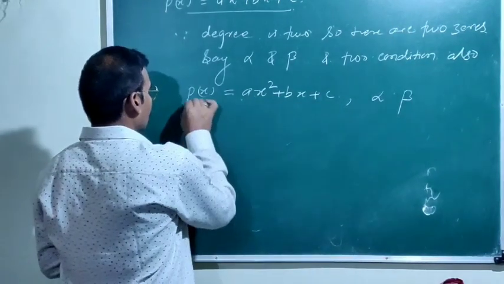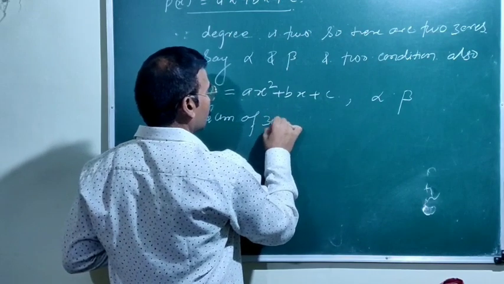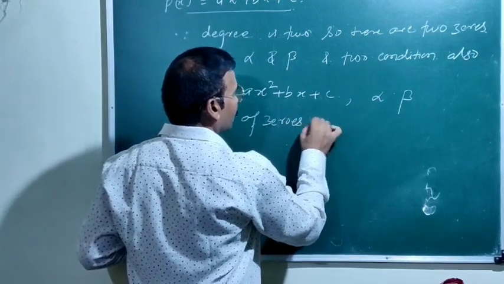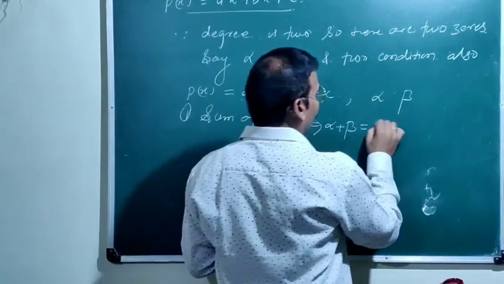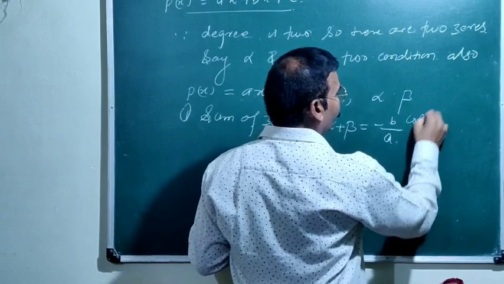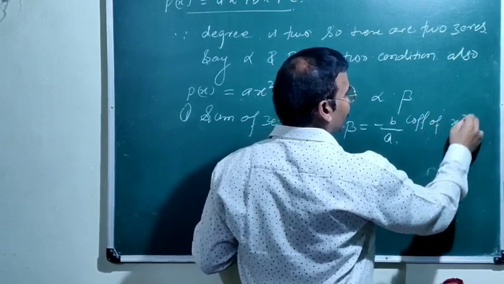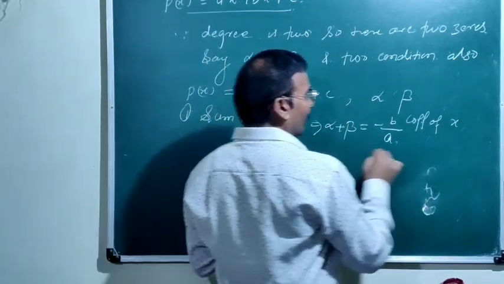First, the sum of zeros, alpha plus beta, is equal to minus b upon a. And what is b? The coefficient of x. And what is a?